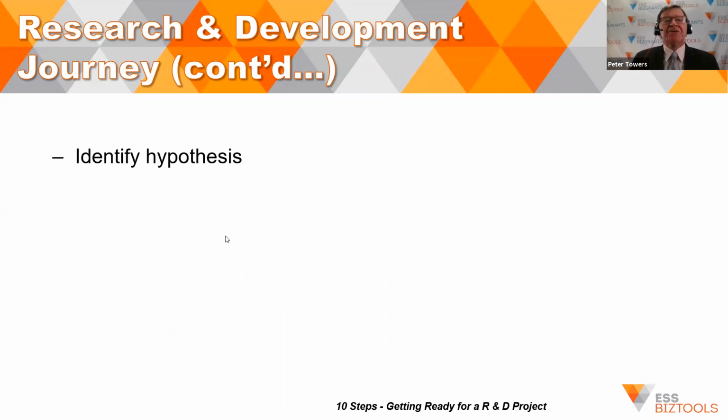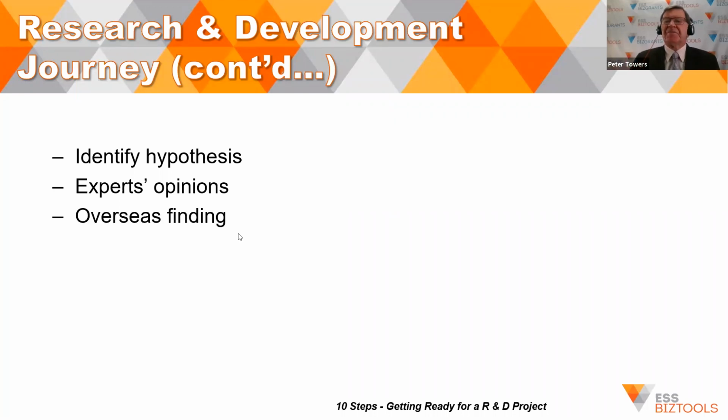You then need to be able to identify the hypothesis. What are you setting out to prove or disprove from your research and development activities? What's the experts' opinions? Do they think this is going to be the development of new knowledge, or are they saying that it's already been developed by somewhere else in the world?